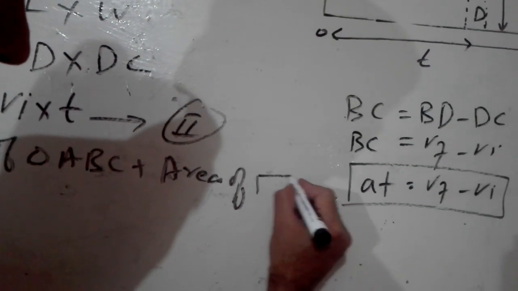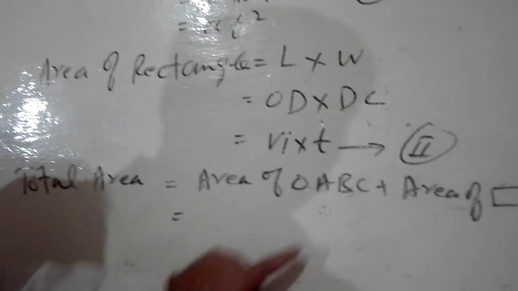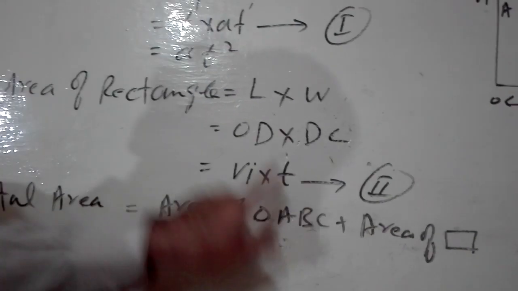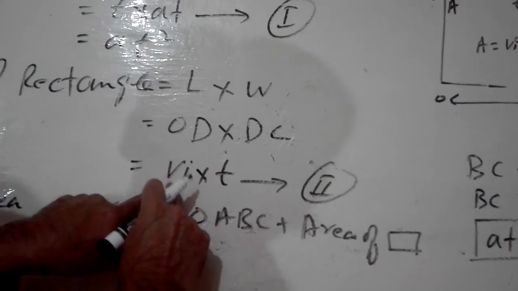I will write just the symbol of rectangle for short. Okay, now put the values. What is the area of triangle ABC? Area of triangle ABC is AT square, and the area of rectangle is this one, VIT.